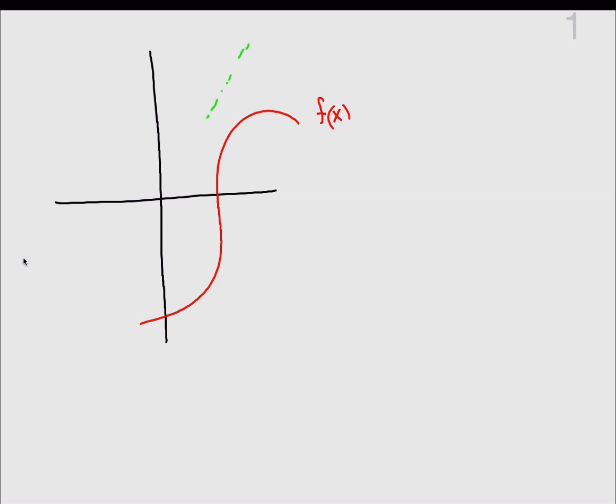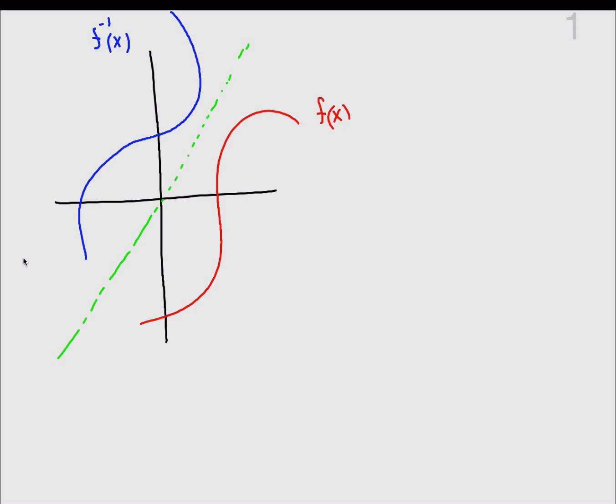So here's y equals x, and therefore the inverse would look something like that. Okay, you with me? That's nothing new. We talked about that before.